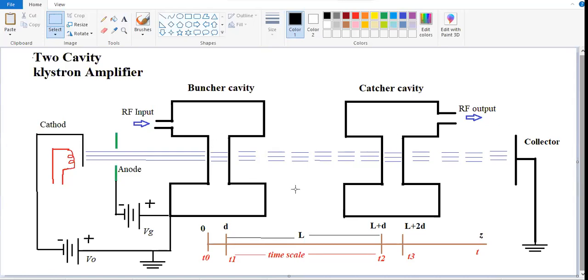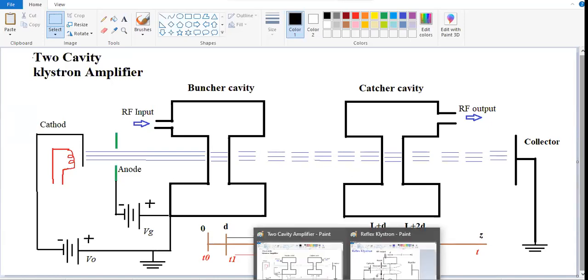So this is the disadvantage of the two cavity klystron.